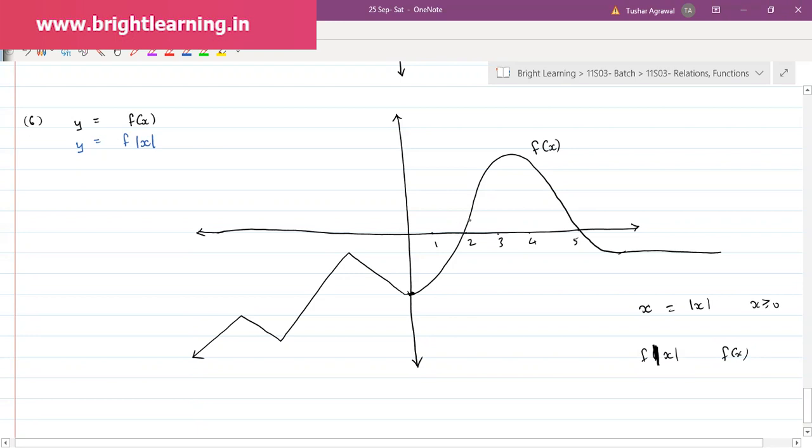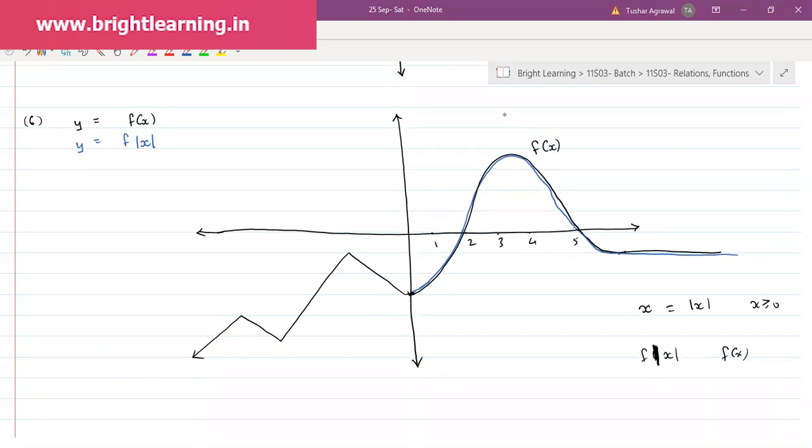So the blue images for x equal to 1, 2, 3, 4, 5, 6, 7, 8 are the same as black images. The blue image of x equal to 1, 2, 3, 4, 5, 6, or for that matter 0 also, is the same as black images. Do you realize this? So for the graph to the right side of the y-axis, the graph will exactly overlap each other. No change.